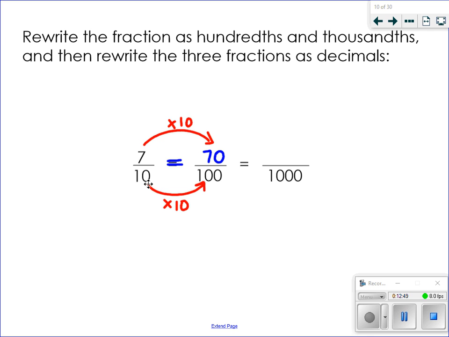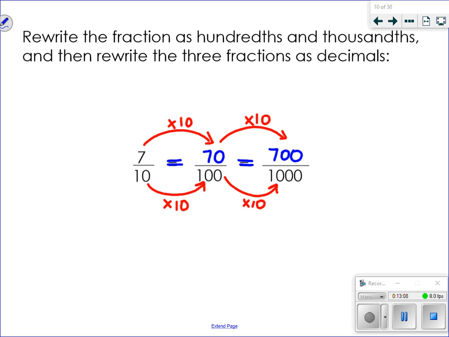Okay? I can do that again by multiplying my denominator by 10 to get thousandths, but I have to remember to do the same thing in the numerator. Multiply by 10 to get 700 thousandths. Now let's rewrite each of those fractions as decimals.